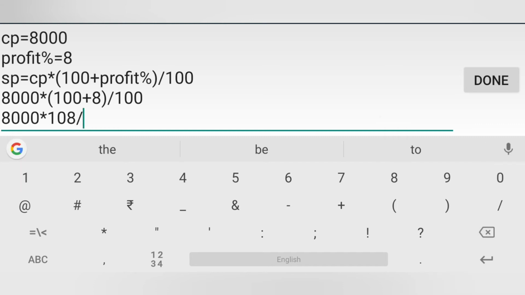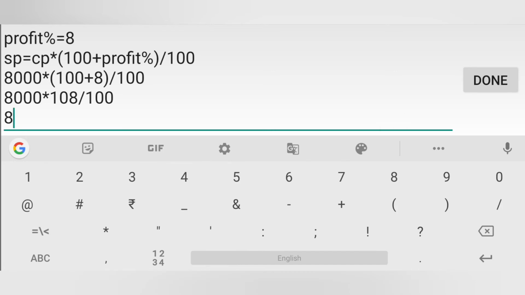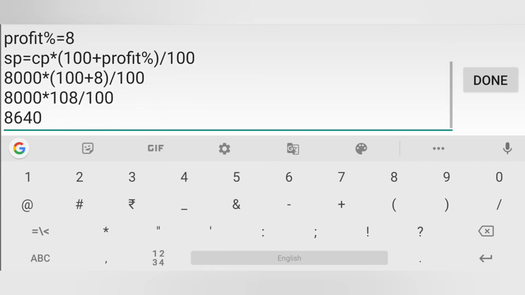So divided by 100. So after solving we get 8640 as the SP of TV.